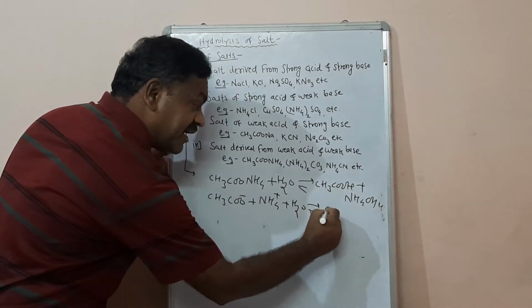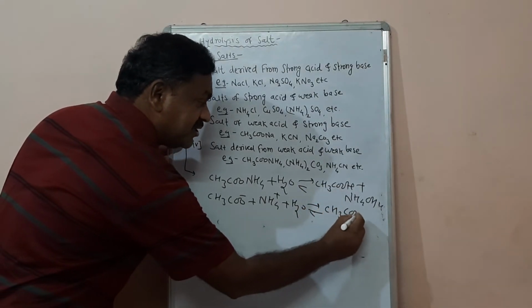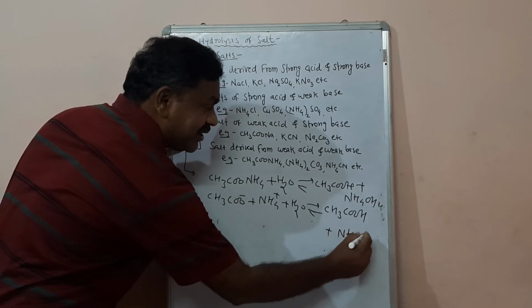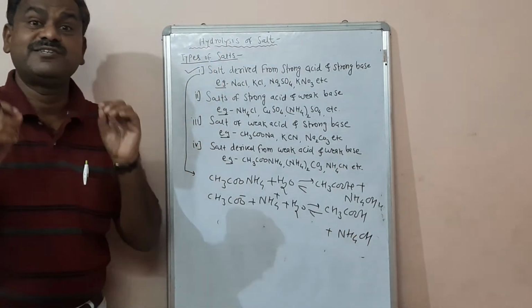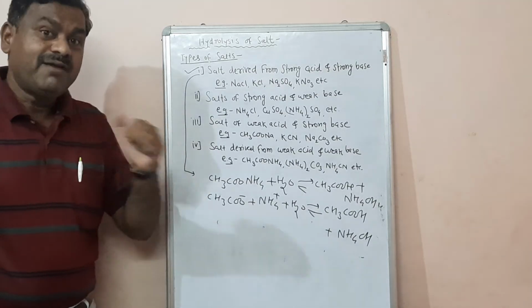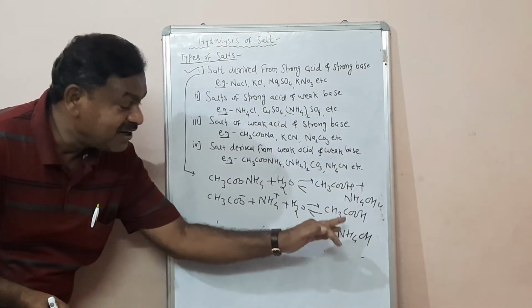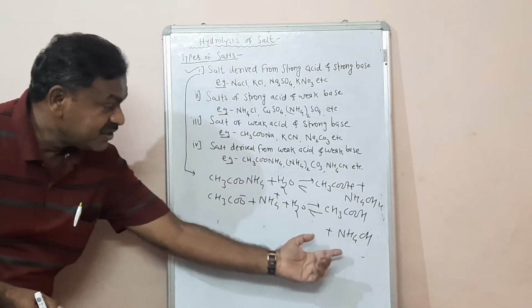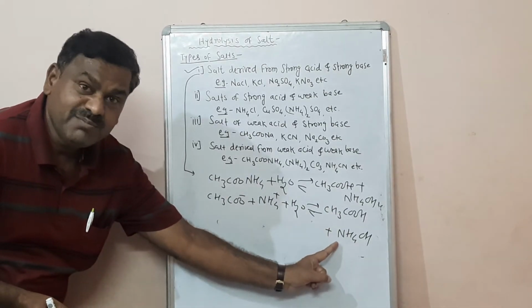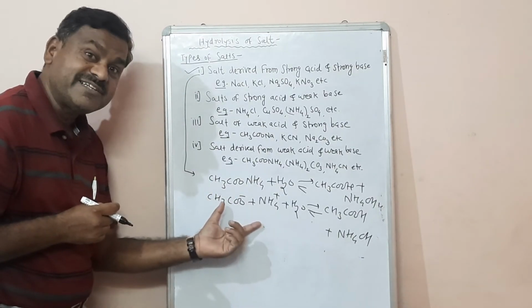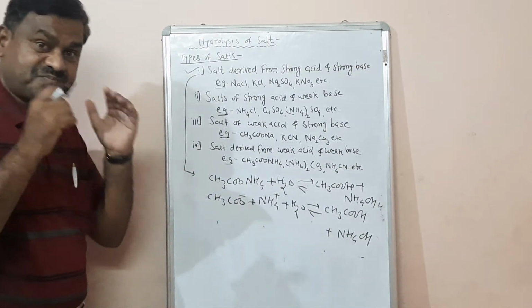That gives acetic acid, which we keep as it is because it is a weak acid, and the weak base also remains the same. This resultant solution, with the weak acid and the weak base, is called the hydrolysis reaction.